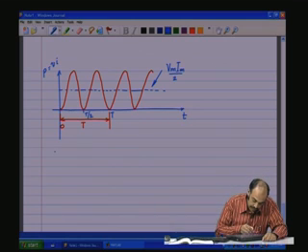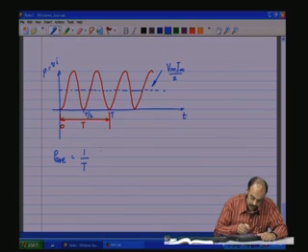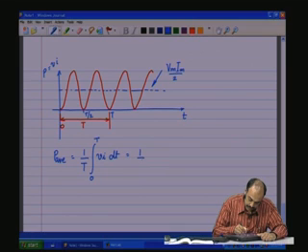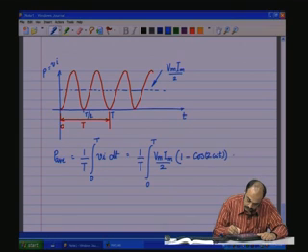So, what is the average? P average, which is equal to 1 by the base, which is the time period, for the whole time period, integral 0 to t v into i dt, which would be 1 by t integral 0 to t Vm Im by 2 into 1 minus cos 2 omega t dt.